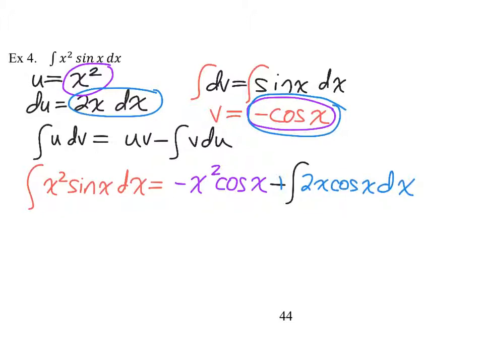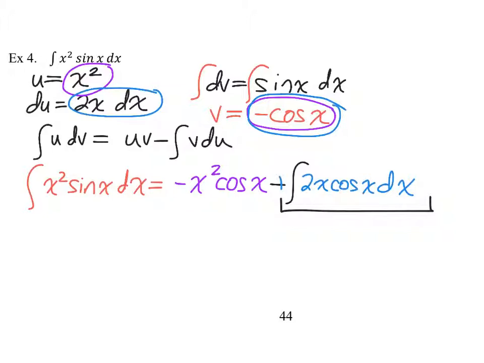And fun fact, that's exactly what we're going to do. I need to evaluate this because, looking at the structure, it's still the product of two distinct functions, 2x and cosine of x, just like this is the product of two distinct functions, x squared and sine of x. So, do it again.